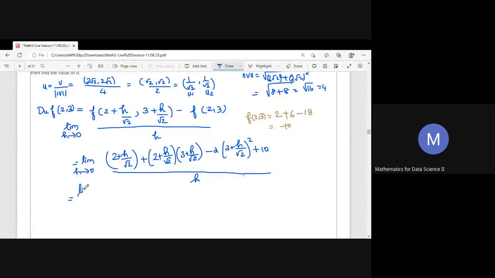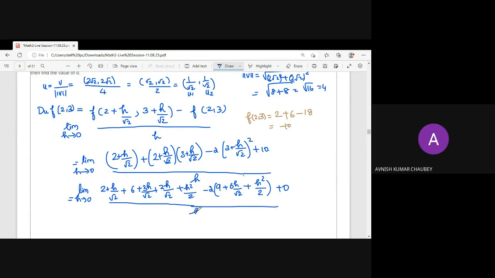So now if you have to simplify, what will you get? 2 plus h by root 2 plus 6 plus 3h by root 2 plus 2h by root 2 plus h squared by 2 minus 2 times of 9 plus 6h by root 2 plus h squared by 2 plus 10, again whole divided by h.